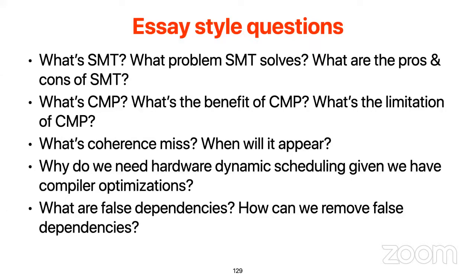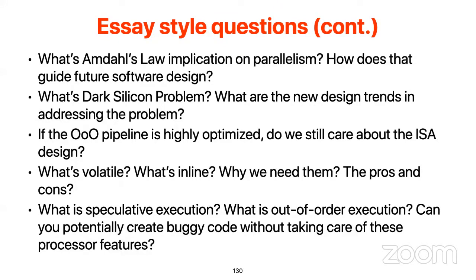Why do we still need dynamic scheduling if we already have compiler optimization? What can compiler optimizations do, what can hardware do, what can hardware not do, and what can the compiler not do? Those are the things that we are asking you to think about. And what are false dependencies, and how can we remove false dependencies? Those are the easy ones, and here are the more difficult ones.